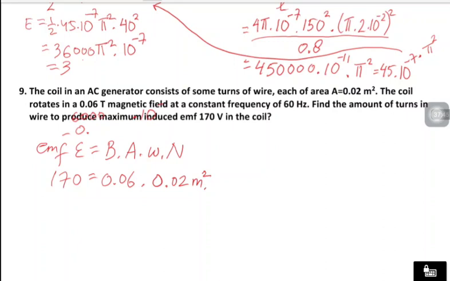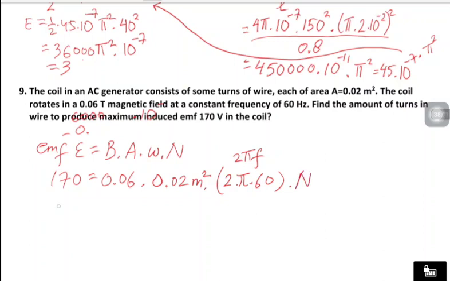Angular velocity can be found with the formula 2 times pi times frequency, 60, 2 pi f. Times the amount of turns, we have to find it.